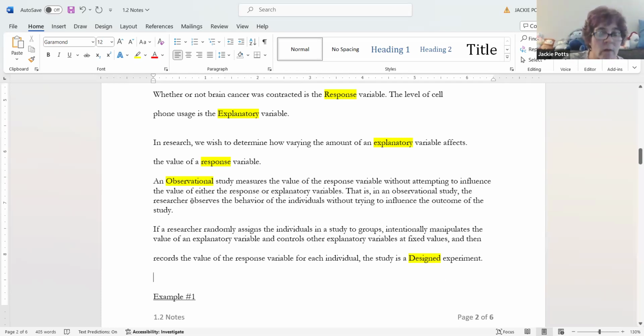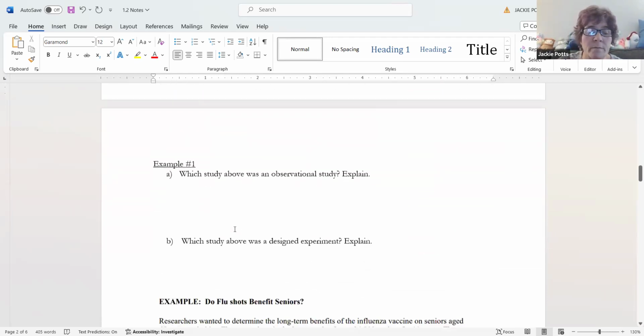Please understand this: observational, response, and explanatory. It's going to become important in chapter 4, understanding those.